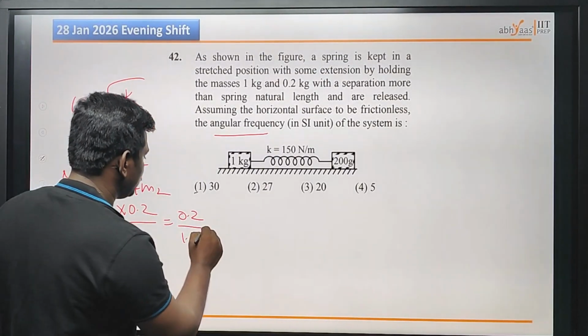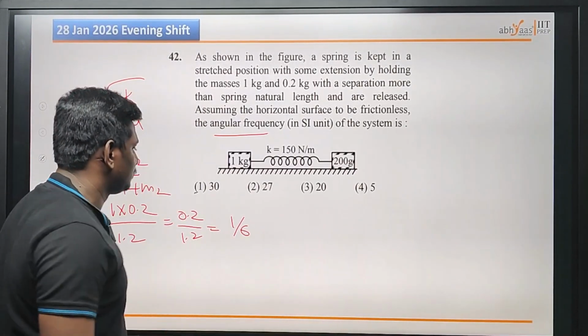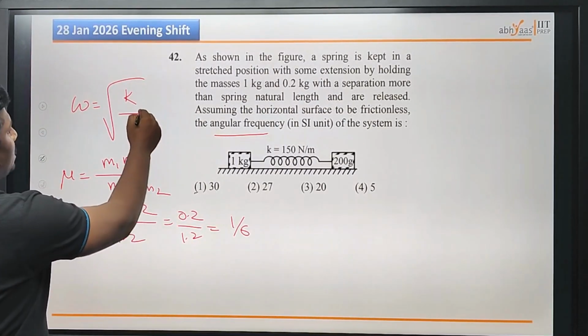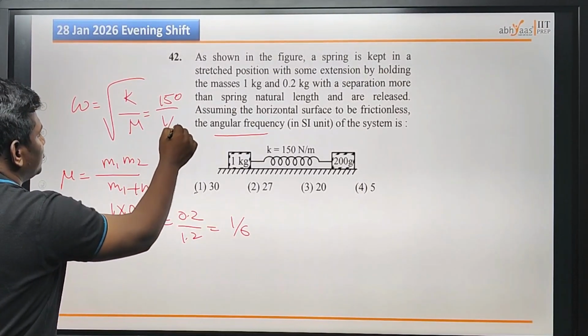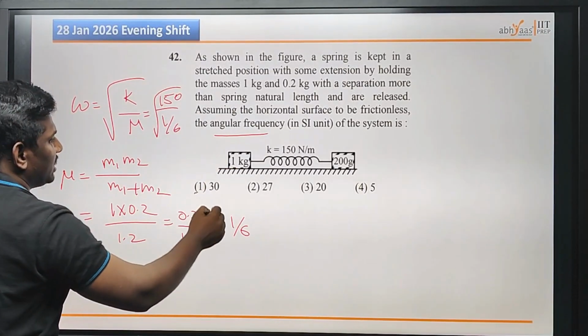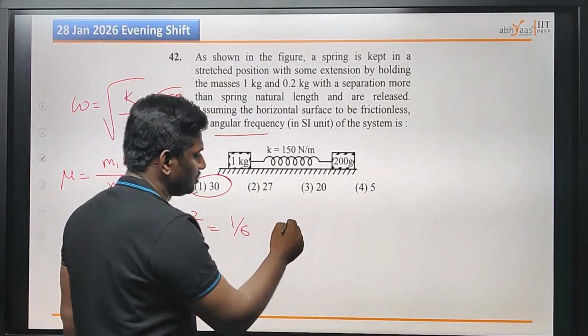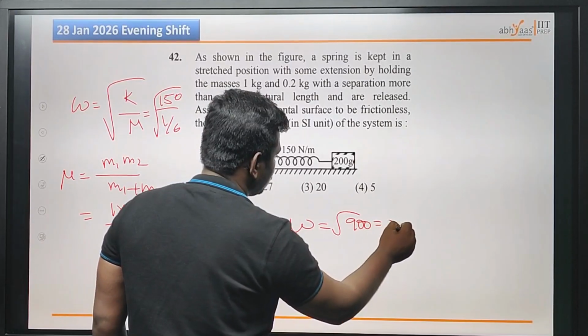From this one, you will get 1 by 6. What is k? K they have given already, 150 by 1 by 6. So you will get the answer as 900. Omega equal to root 900. You will get 30.